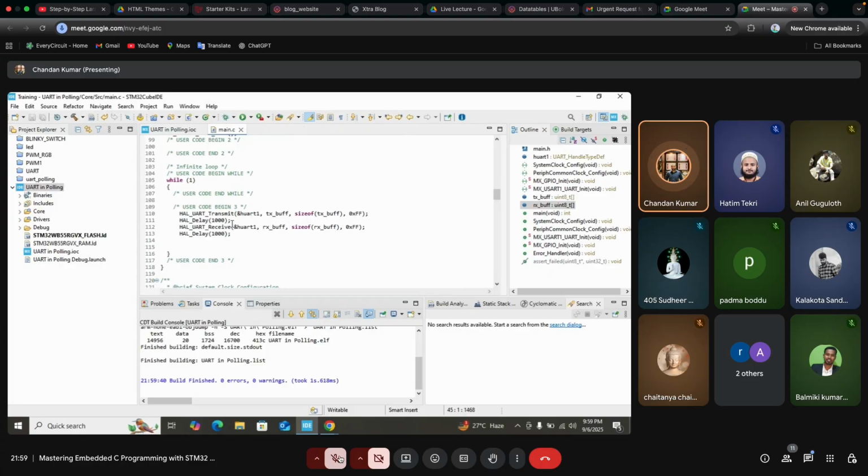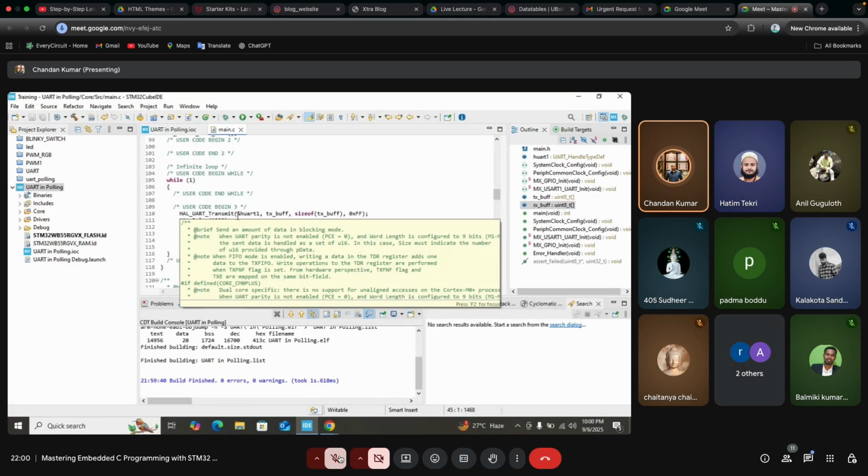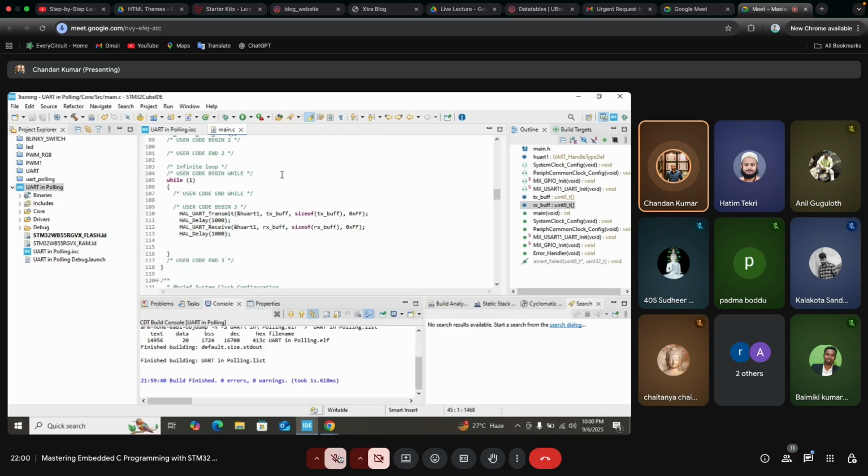But what will happen if you use receive here? Then in this buffer, you will only receive 1 byte. For example, if I send Chandan, this will happen too fast, so once you receive C of Chandan, after that 1 second will pass and the transmit function will get its call. So you will receive only 1 byte.